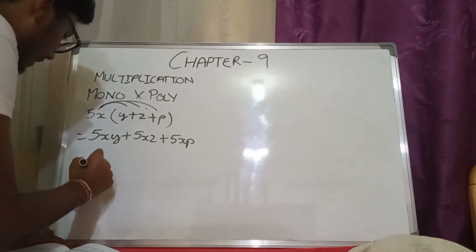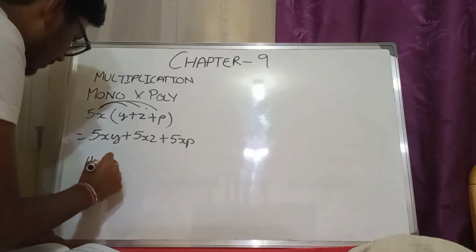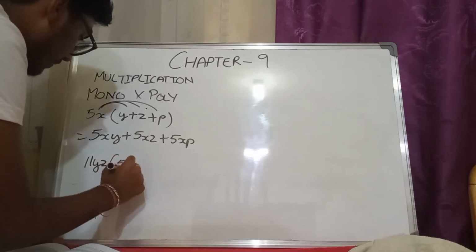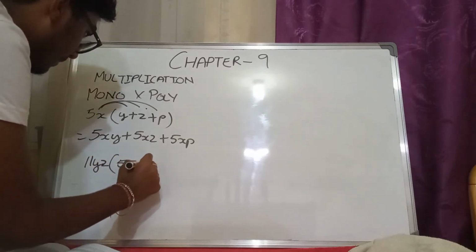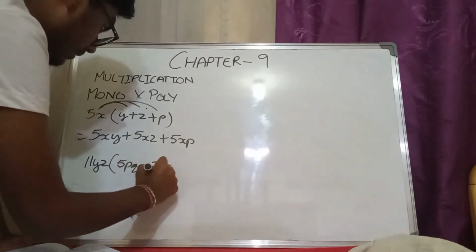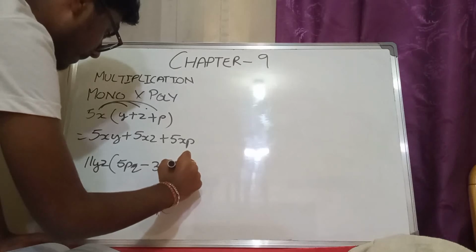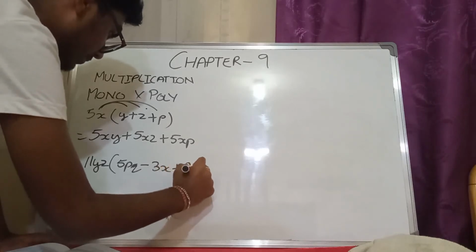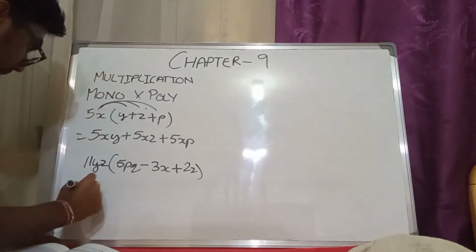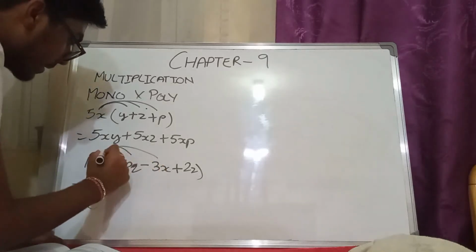Another example can be 11yz into (5pq minus 3x plus 2z). So we'll multiply it again the same. The signs will remain the same.